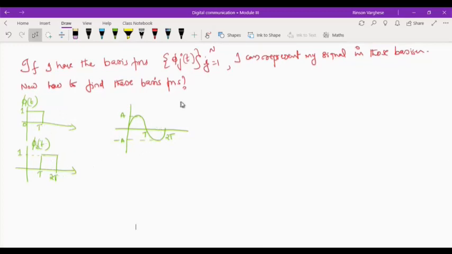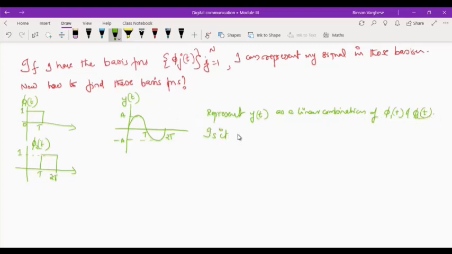The question is this: represent this, say y(t), as a linear combination of phi_1(t) and phi_2(t). Is it possible?